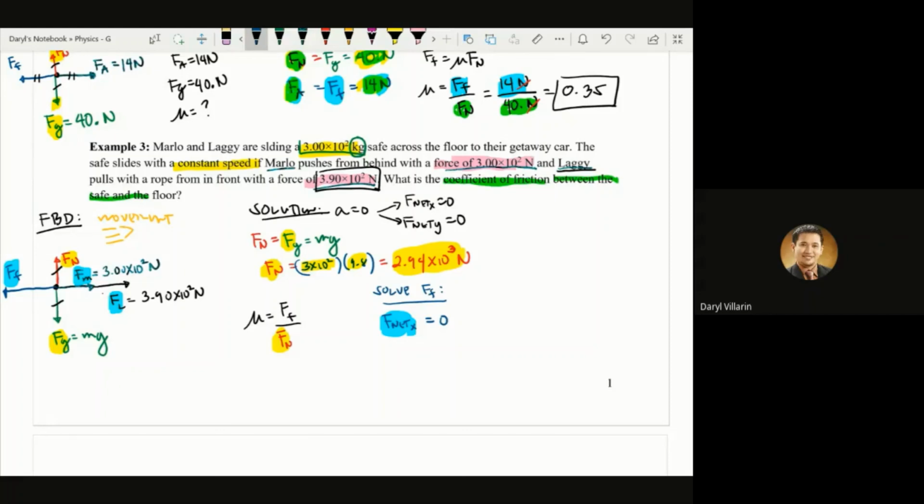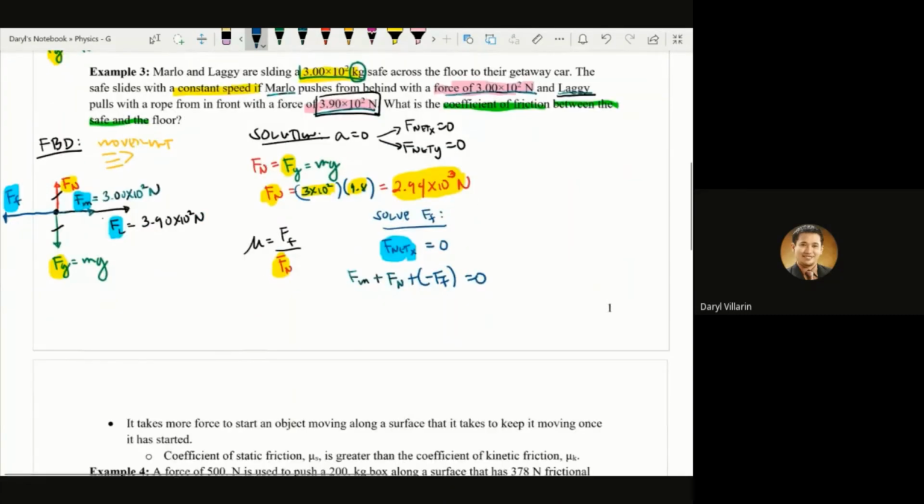So if I use the right as positive, that would be FM plus FL plus the negative of FF equal to 0. That means the algebraic sum of all of the horizontal forces should be equivalent to 0. So there are three forces, two forces to the right and one force to the left. I'm solving for FF algebraically.